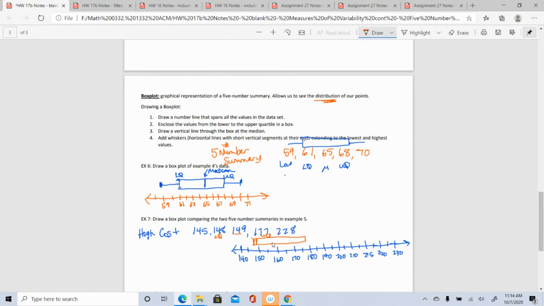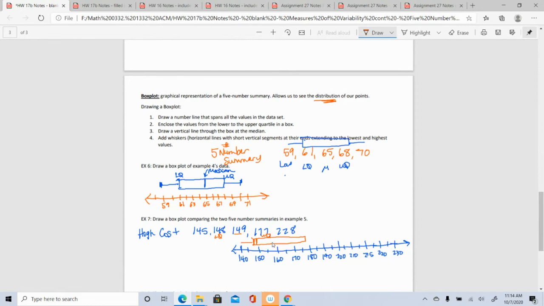So there's our box. So see how the median, you kind of think, oh, it's going to be in the middle of the box. It's not, is it? Because the median is so close to the lower quartile. We might not have noticed that if we didn't draw this. So that's why it's important to draw this out as a box plot.